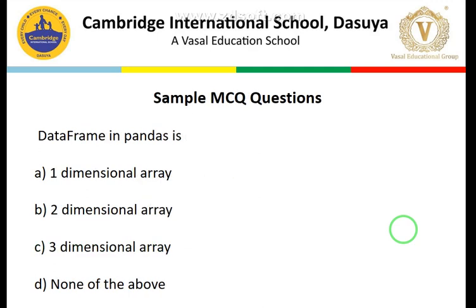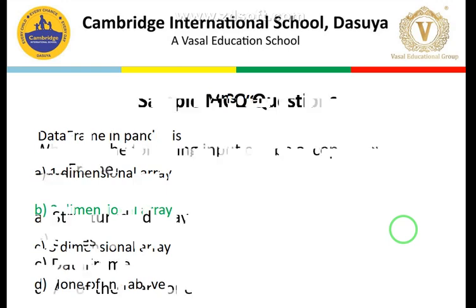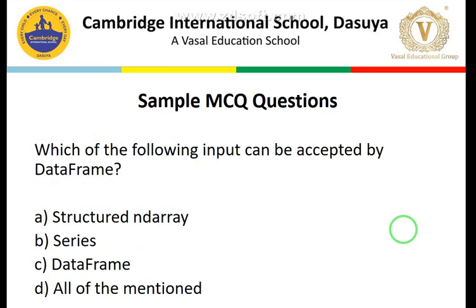Then in the second question, a data frame in Pandas is a two-dimensional array, consisting of rows and columns. Then in the final question, which of the following inputs can be accepted by a data frame? Structured array, n-dimensional array, series, or data frame?